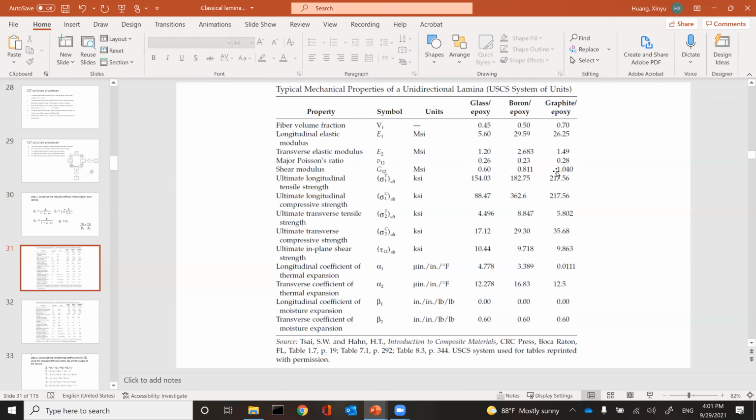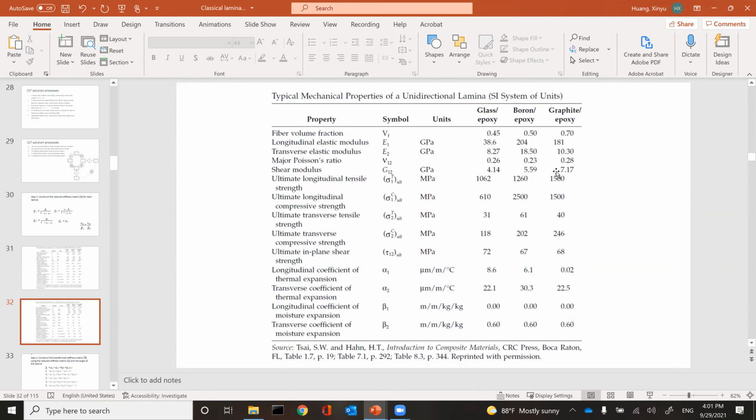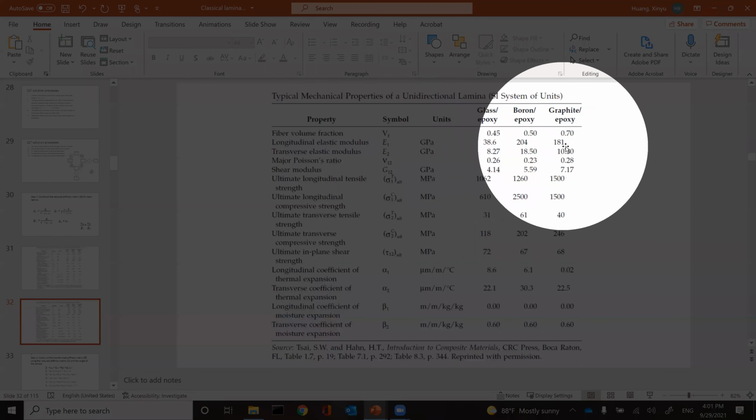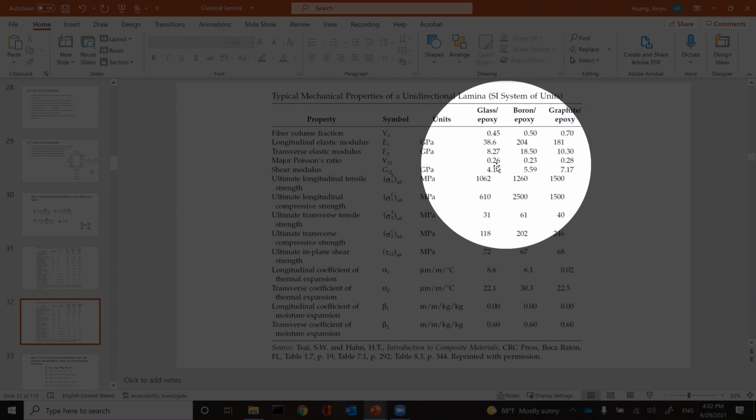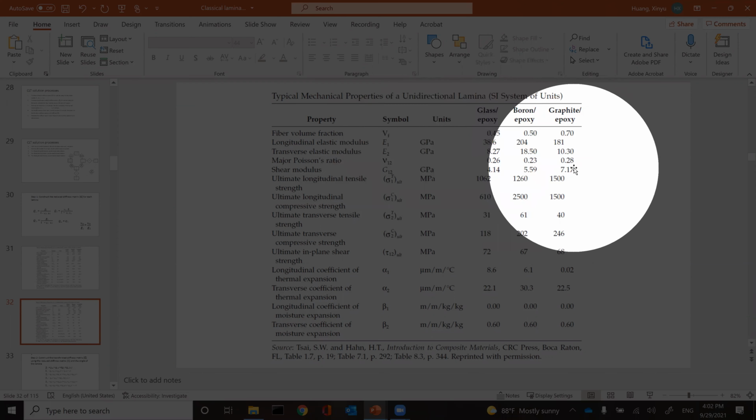Okay. So for your convenience, I've also provided this table, which is everything in that table converted to SI units. You can do that on your own, but this is already converted for you. So E1 is 181 gigapascal, E2 is 10.3 gigapascal, G12 is 7.17 gigapascal.